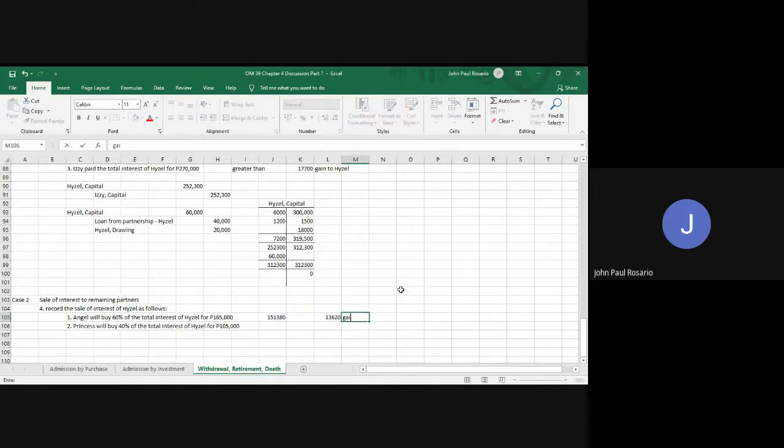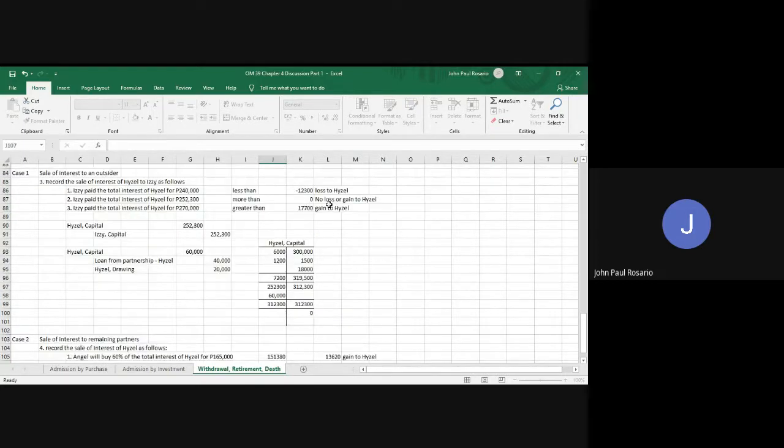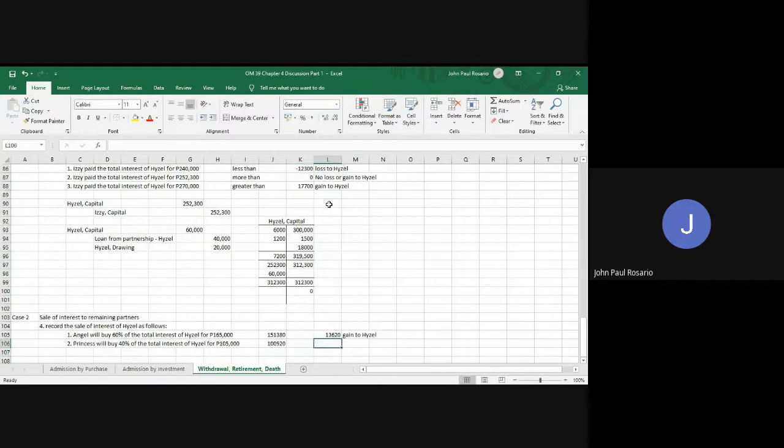Okay, so naay gain to Hazel. Well, this one, ang 40% of 252,300 is, so another gain. So, 105,000 ang gibayad minus the cost. So, gain to Hazel as well.